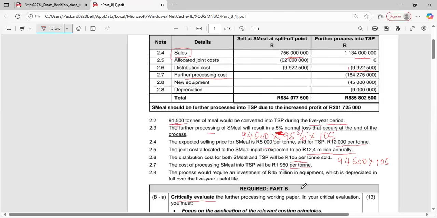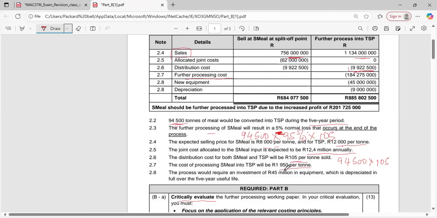What are we going to do with the normal loss? Deduct normal loss. Just guessing. Yeah. Are we going to deduct the normal loss here?